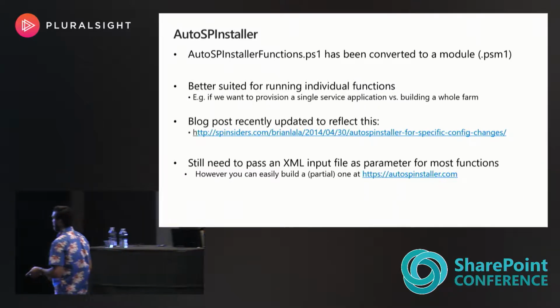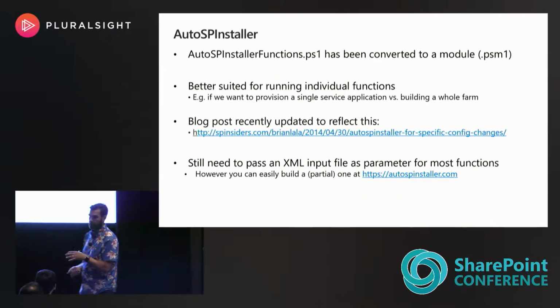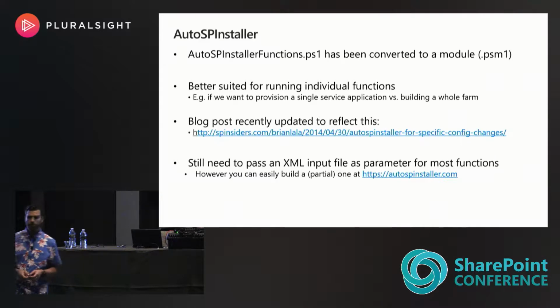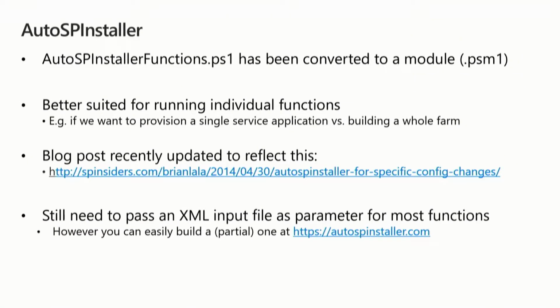And like I said earlier, I actually have a blog post that I originally posted back in 2014. I just recently updated it to reflect the fact that AutoSPInstaller is now a module, and the commands associated to do it with that approach.